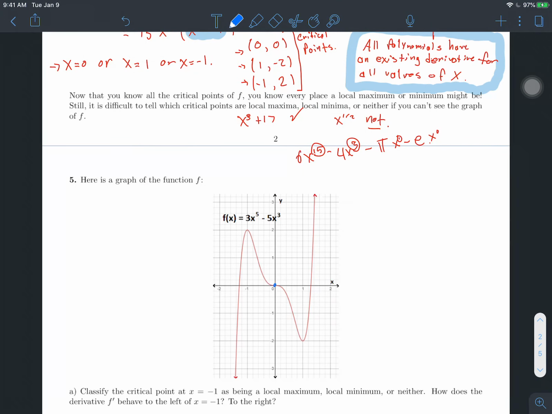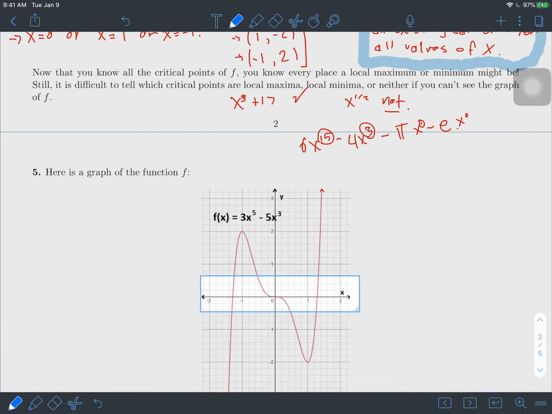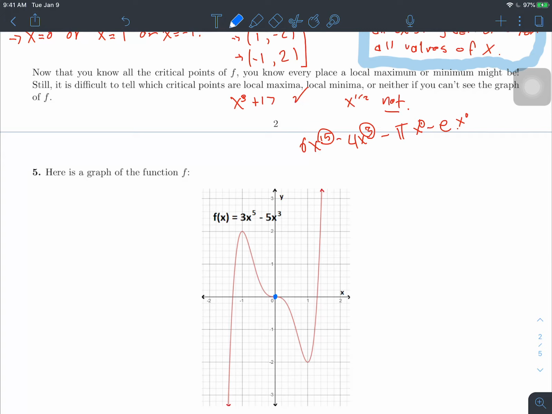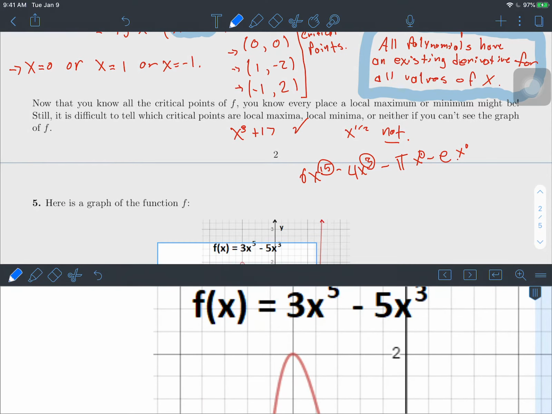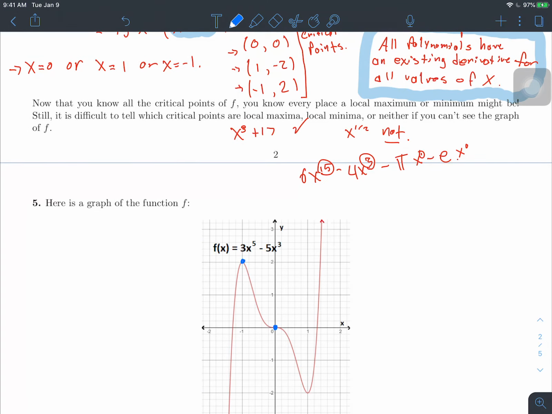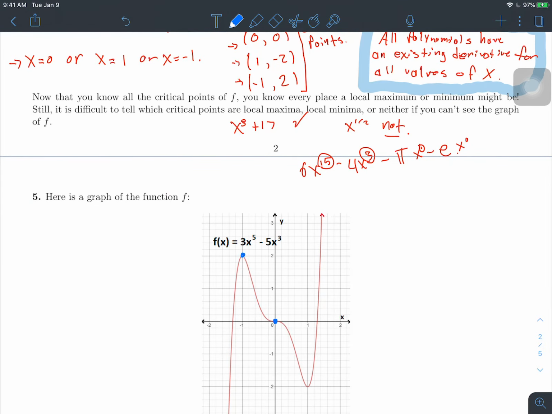So that's right here at the origin. We know there should be a critical point at -1, 2. That's this point way up here. And then we know there should be a critical point at 1, -2. So that's way down here.